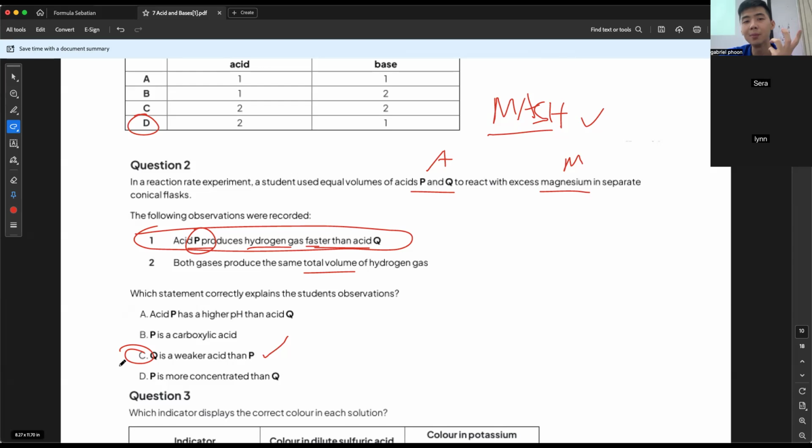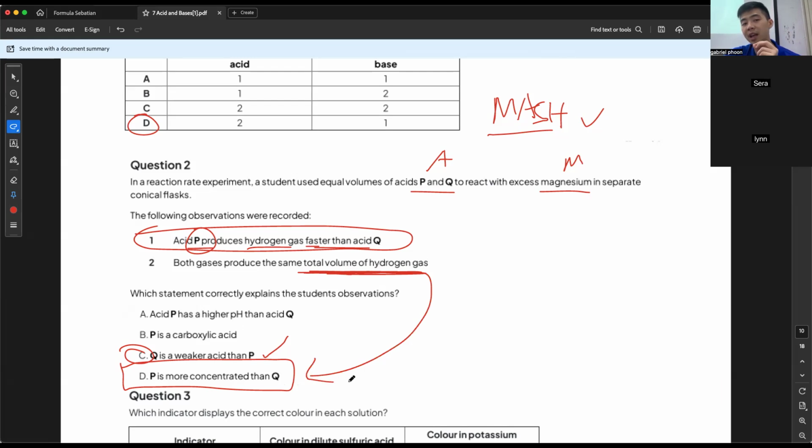You may be confused with this part here, but because they produce the same total volume of hydrogen gas, it means the amount of H plus ions was going to be the same inside. That's why they won't have more concentration. In fact, if anything, they'll have the same concentration. You get what I mean? So from here, you should know that it's going to be weaker based off this part here.